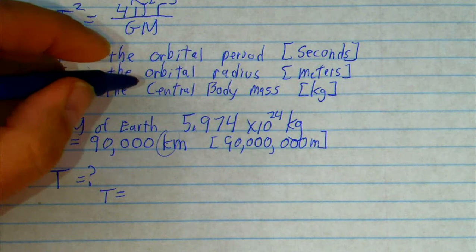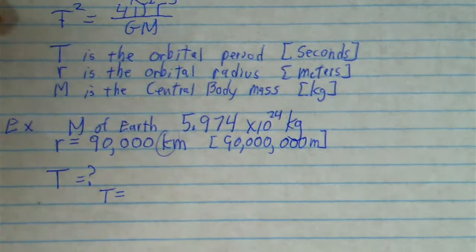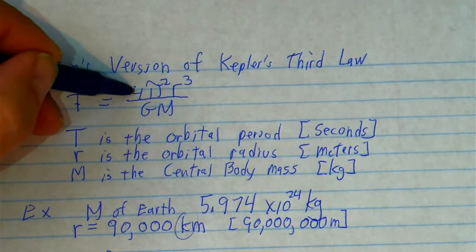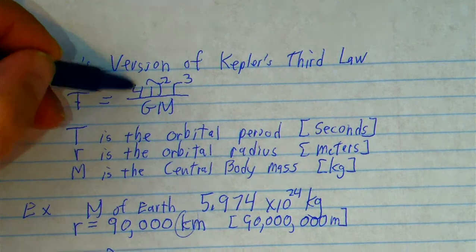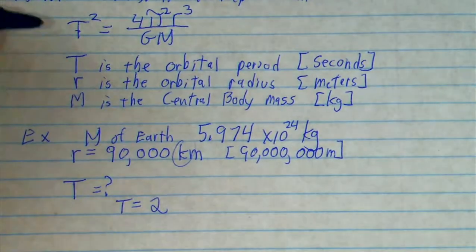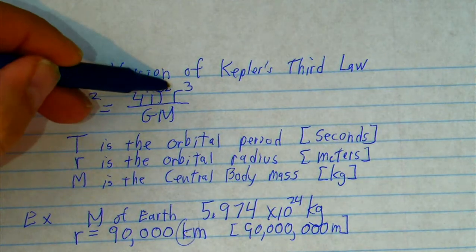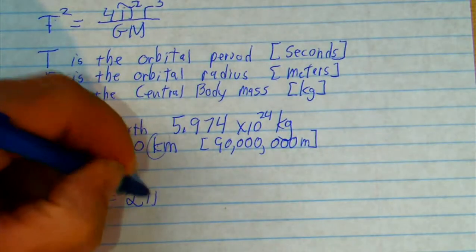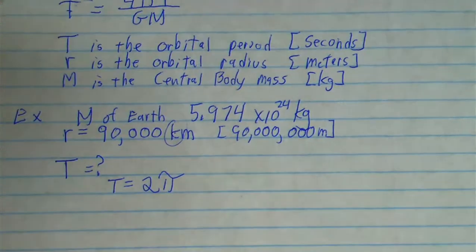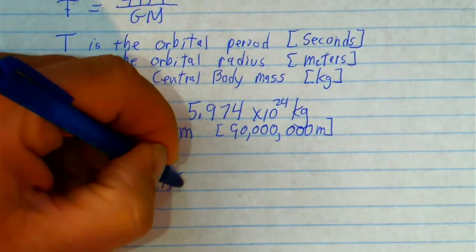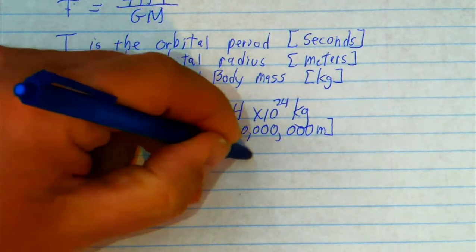So you're going to be taking the square root of 4. So if you want, yes, you can pull that out and say 2. The square root of pi squared, you can also pull that one out of the radical sign and say it's 2 pi. But underneath the radical sign, you can't avoid this.